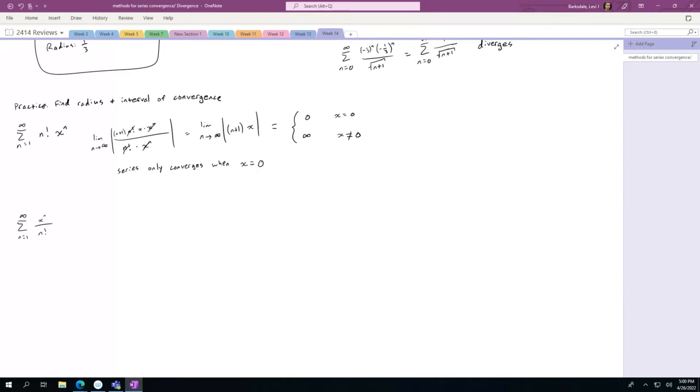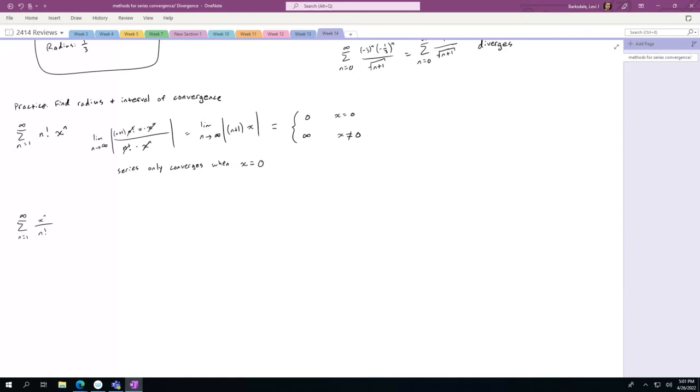So let's run that one more time. The series only converges when the limit is less than 1, or usually that's the test of convergence. And so when x is not equal to 0, the limit goes to infinity.